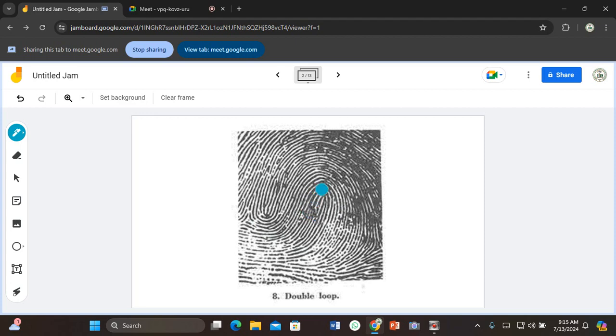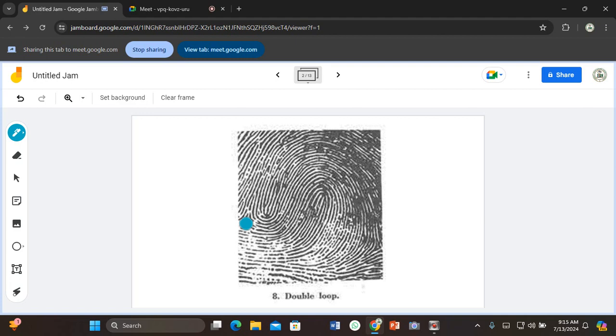Each one of them will have separate shoulders. Also they have two deltas. You have a delta here, then another delta here. So when you have that, you have what qualifies to be called a double loop.